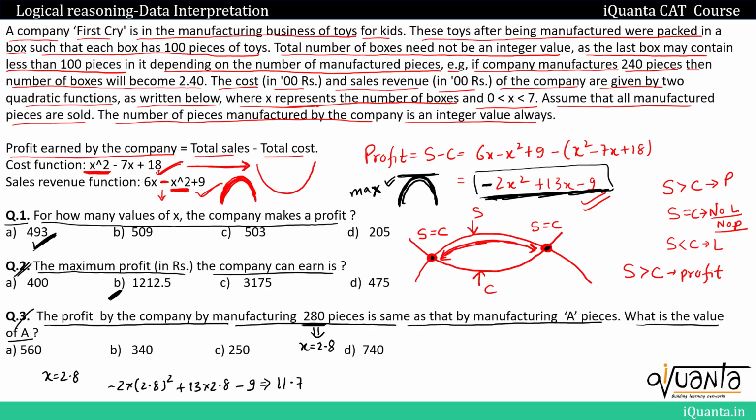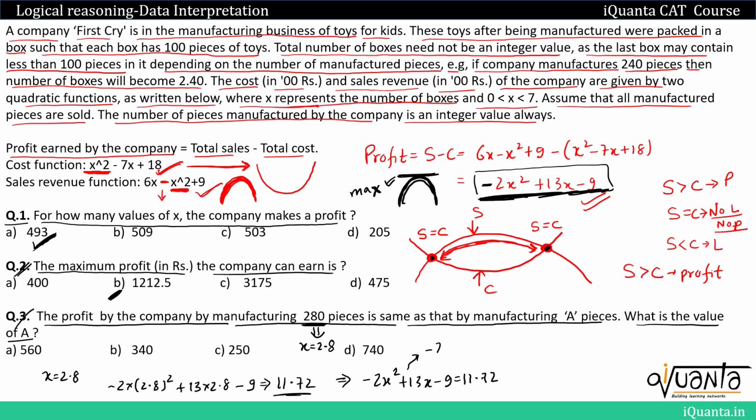When you calculate this, we get 11.72. So we need to find out a value of x for which the value of the profit function equals 11.72. So let us put the profit function equal to 11.72.